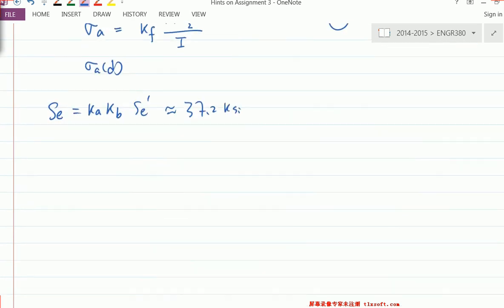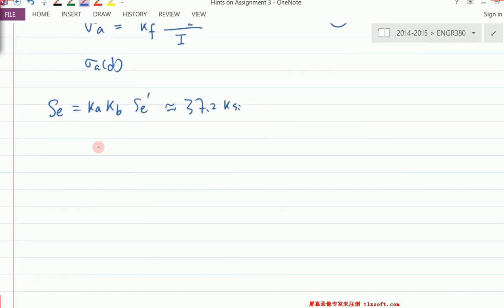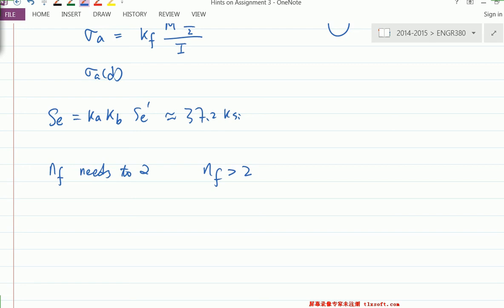Okay, so time to put things together now. We're designing for a safety factor, nf, and nf needs to be 2. In other words, if you select a diameter that turns out a safety factor greater than 2, then that's fine, but the safety factor needs to be at least 2. So how do we calculate the safety factor?